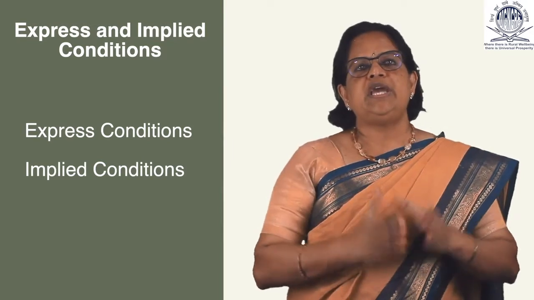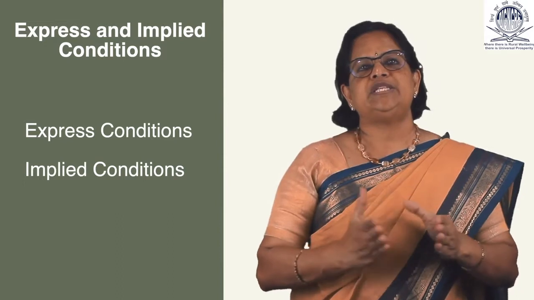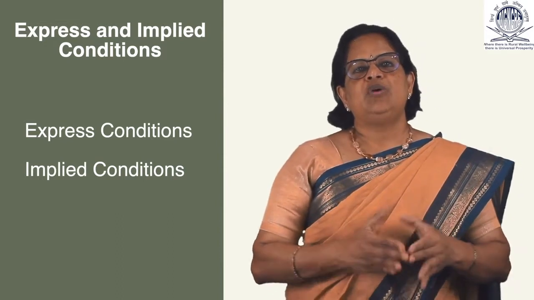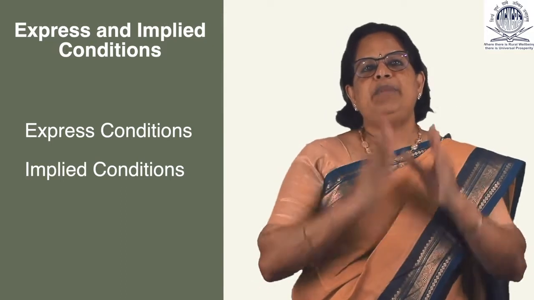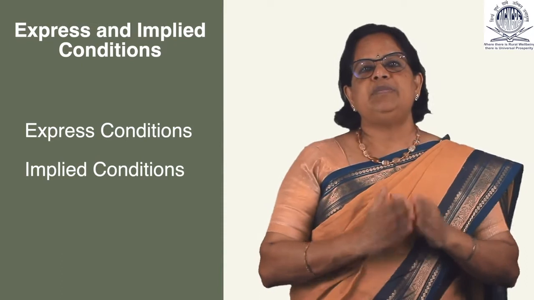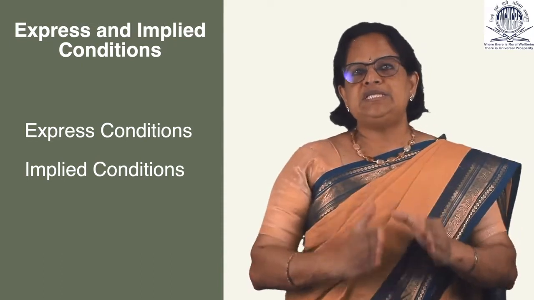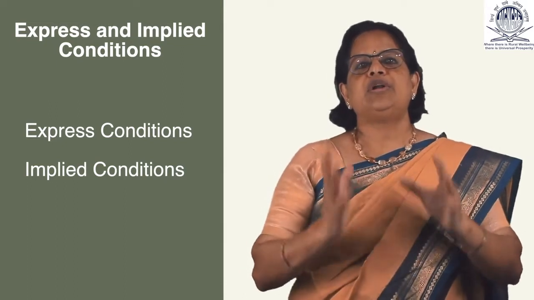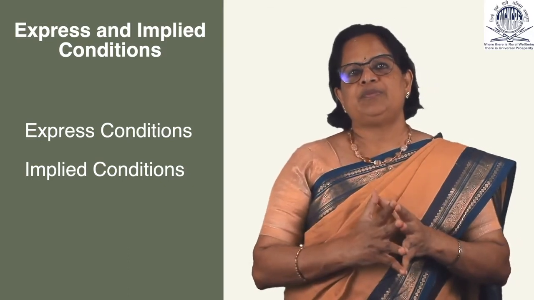On the other hand, express conditions are specified and discussed between the buyer and seller before agreeing on a contract of sale. For example, a company sells certain belts made up of a special material by sample for the Indian Army. The belts are later found to be made of plastic and not leather, which is not discoverable by ordinary inspection.